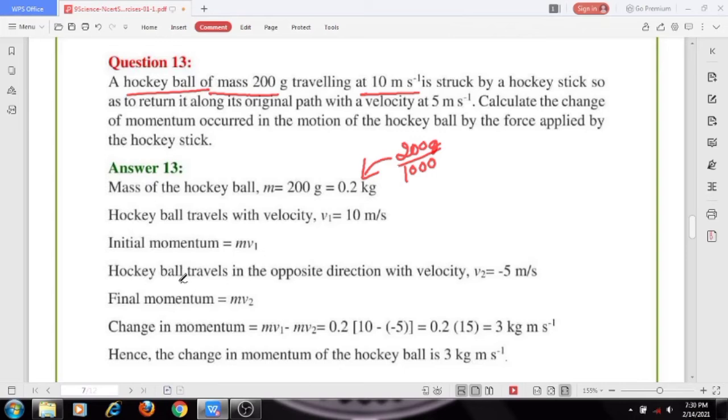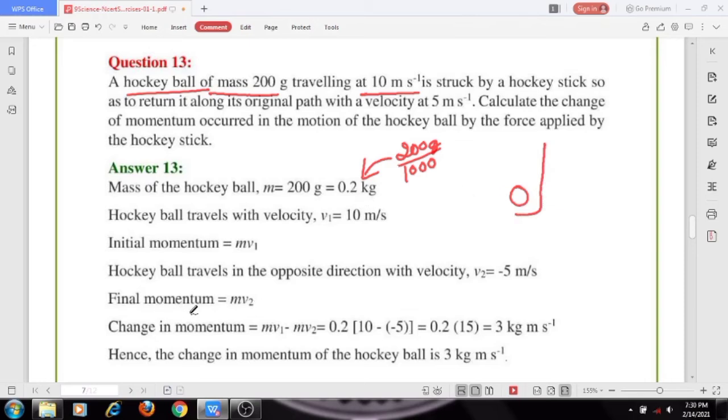Then the hockey ball travels in the opposite direction with velocity v2 equal to minus 5 meter per second. Whenever we hit this ball with the hockey stick, it changes path, right? So we will take it as the opposite direction.